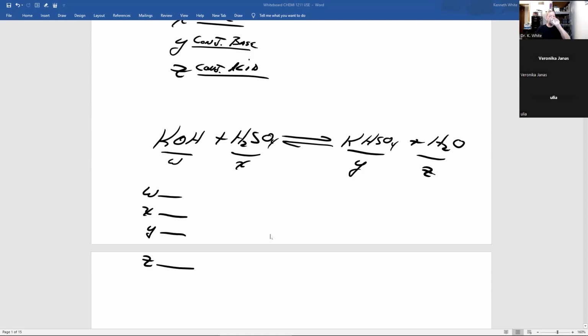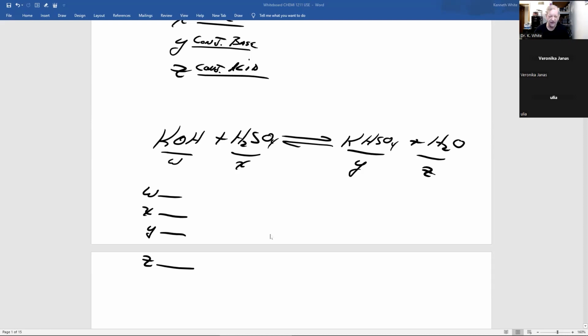Remember, conjugates differ by only one proton, H plus, only a hydrogen.